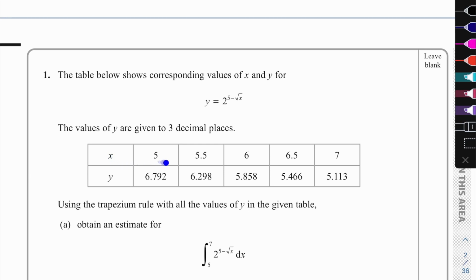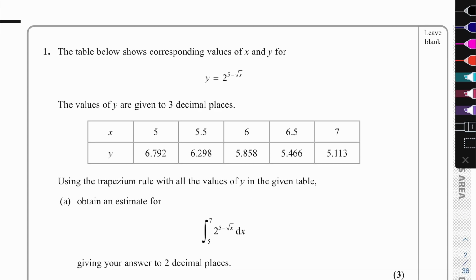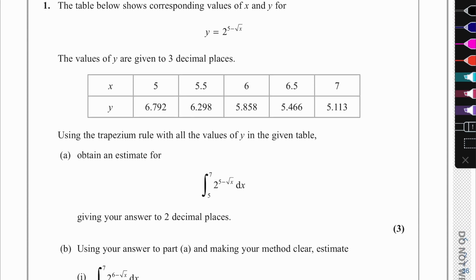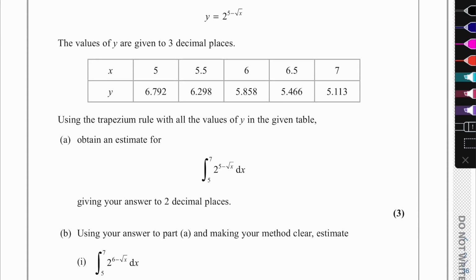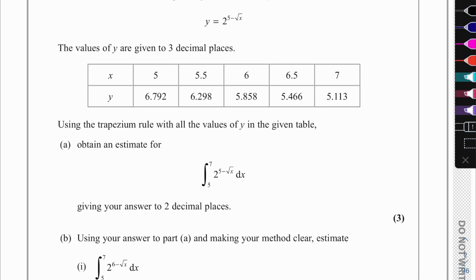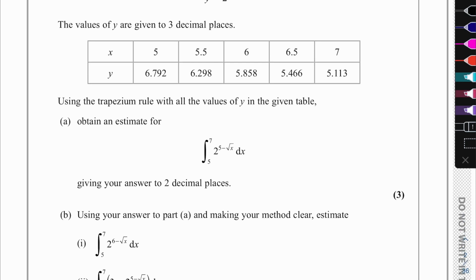We have x 5, 5.5, 6, 6.5, 7, and y 6.792, 6.298, 5.858, 5.466, 5.113. Using the trapezium rule with all the values of y in the given table, obtain an estimate for the integral with limits 7 and 5 of the same function, 2 to the power 5 minus root x.